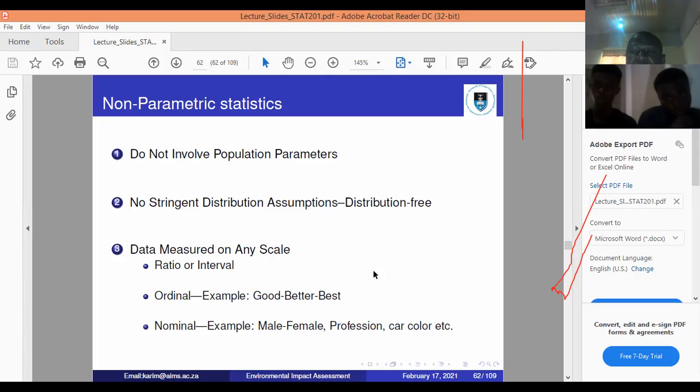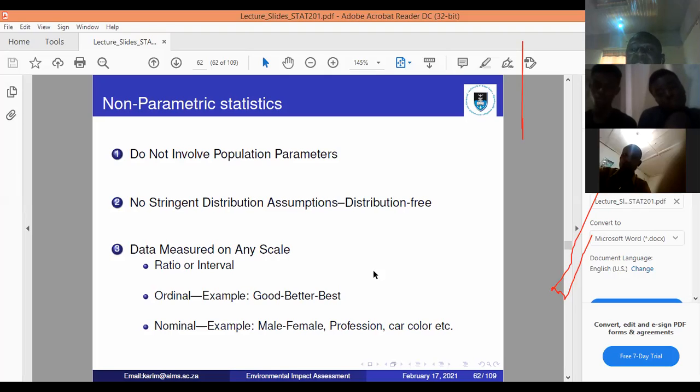You can see that the linear regression model that we looked at assumed that the data has a normal distribution. Here we are saying that non-parametric statistics do not involve population parameters. We will not be looking for the distribution of the means or the distribution of the data.